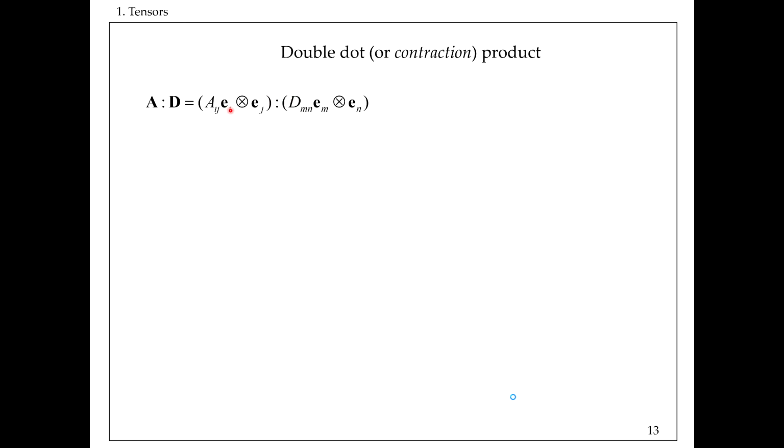Now, if we said that it will be i m and j n that will be paired, so there will be a dot product between each of these pairs, then we can again just pull out all the components here, the index notation outside. So a_ij d_mn, and then pair these, that we promised to be our definition of a double dot product: e_i, e_m is a dot product, and e_j and e_n dot product. And by now we already don't need to recall where it comes from, the projection of these unit base vectors.